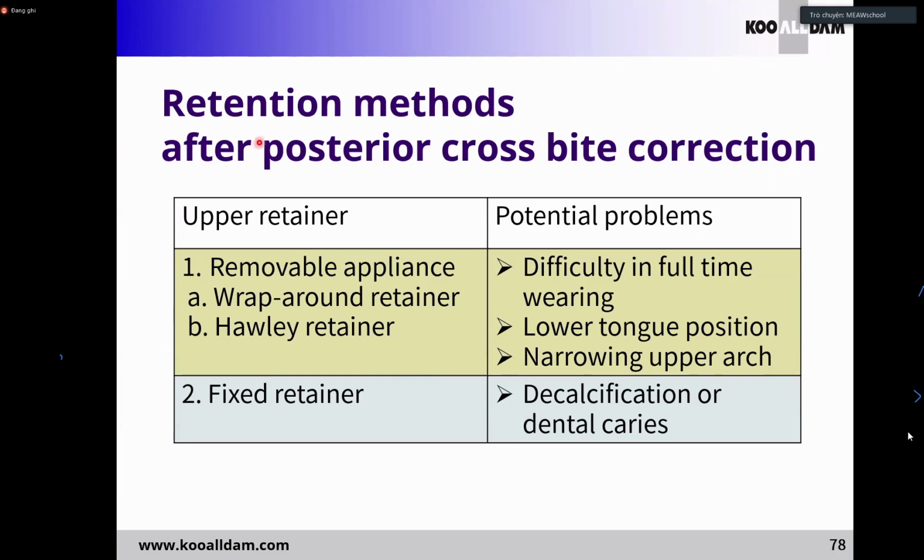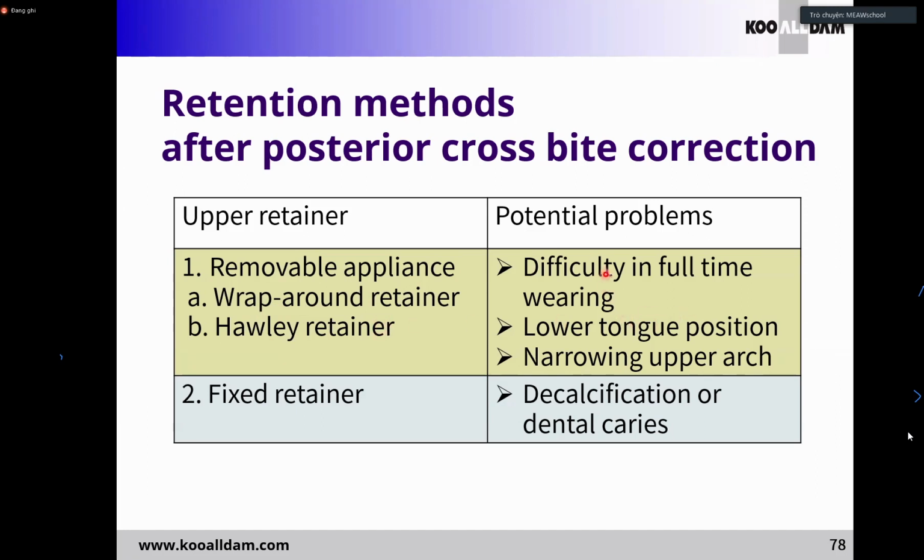How can we retain this kind of malocclusion? These are retention methods after posterior crossbite correction. We may use a removable appliance. In some cases we may use a wraparound retainer or a Hawley type retainer.